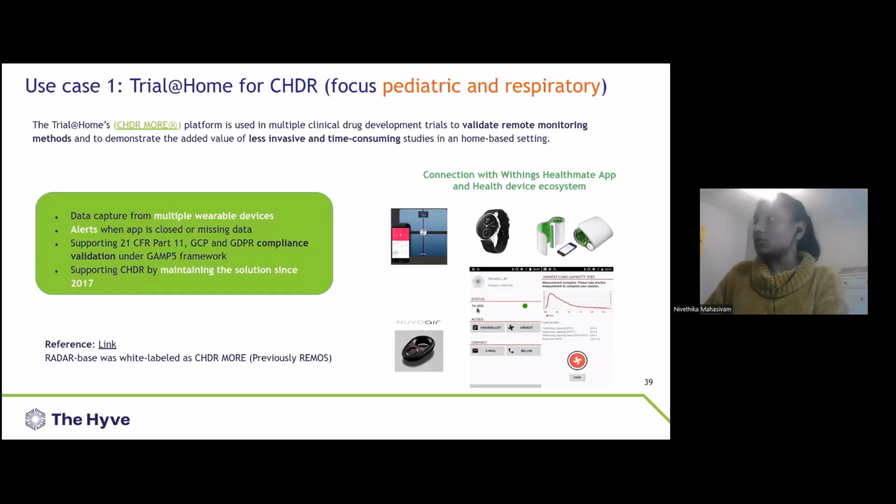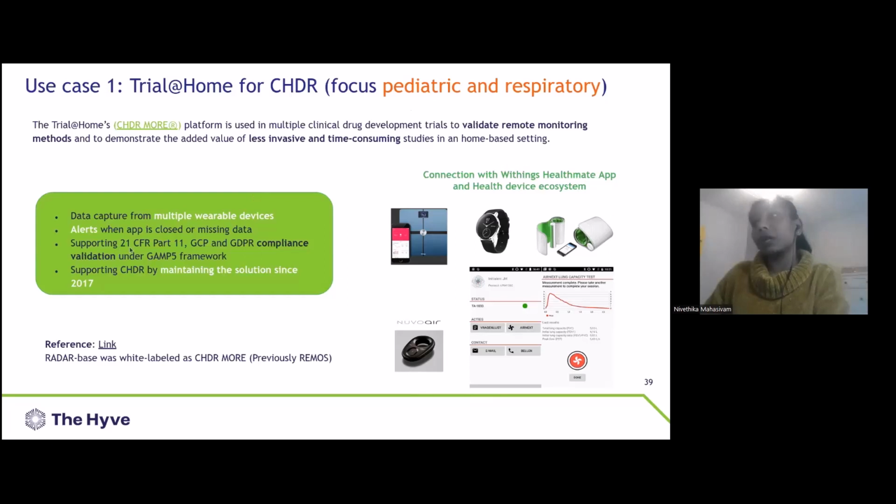They use this platform in pediatric and respiratory areas. So we integrated with Nuvoair, a spirometer, and based on the spirometer, you can see how well your lung is performing, which is more important if you want to look into asthma and respiratory conditions.